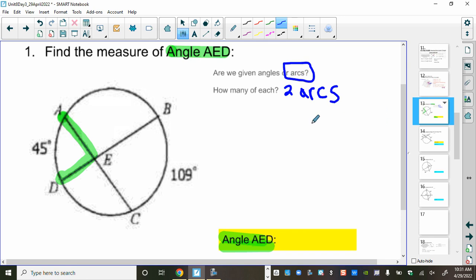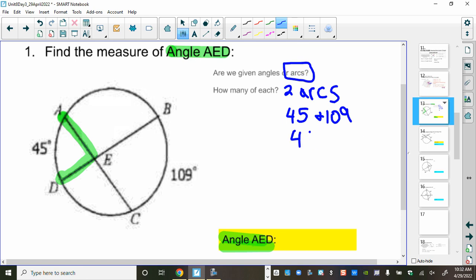What are the measures of the 2 arcs? 45. 45. Now, what should we do with the 45 and the 109? Put together. Add them up. 45, 109. 154. So add them up.